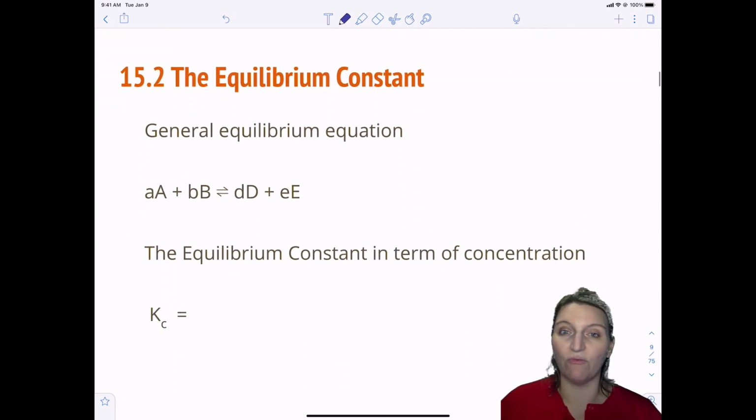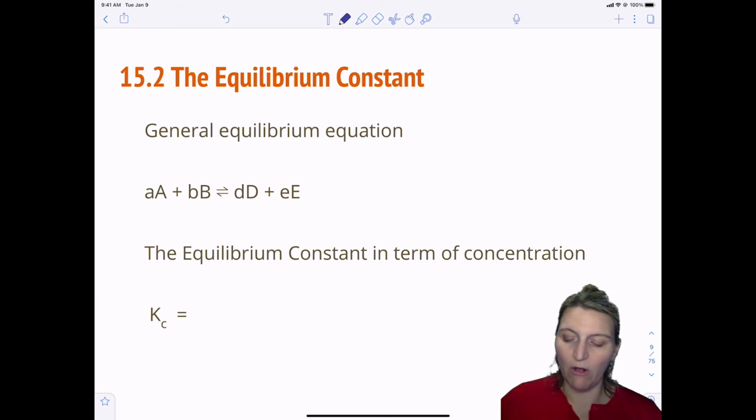What is that ratio of reactants to products? So obviously, equilibrium is when the rate forward and the rate reverse are the same. And we wrote rate laws to describe the rate and how it is related to, if it was an elementary step, how it was related to concentration and the exponents. And we're going to do the same thing here.